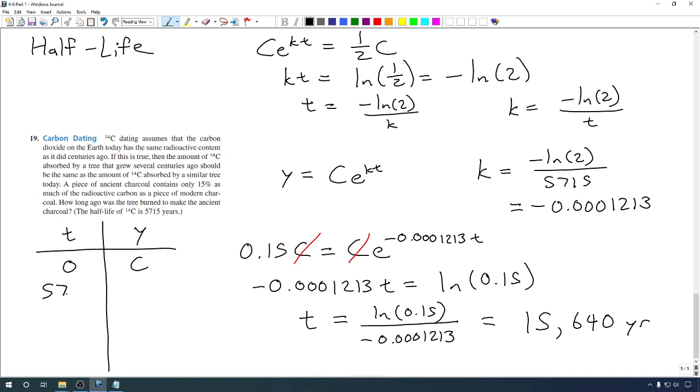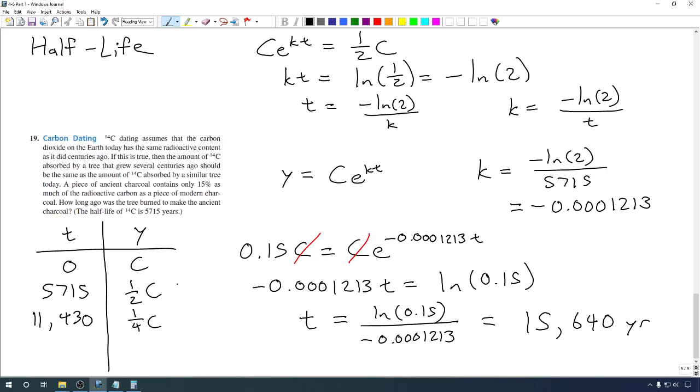After 5,715 years, we have half of c. After double that, basically after another 5,715 years, we're at 11,430 years. We're half of what we had here. We're not going down to 1/3, we're going to 1/4. Every time we go over a time span of 5,715 years, we have half of what we started that time span at.